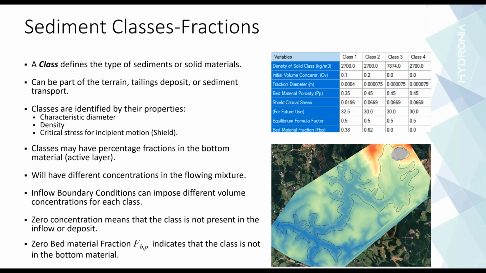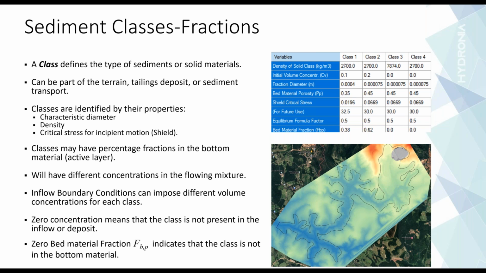The classes are identified by their properties: the characteristic diameter, the density or weight per unit volume of the material, and the critical stress for incipient motion. So by adding data for these classes, you can incorporate many different types of materials.